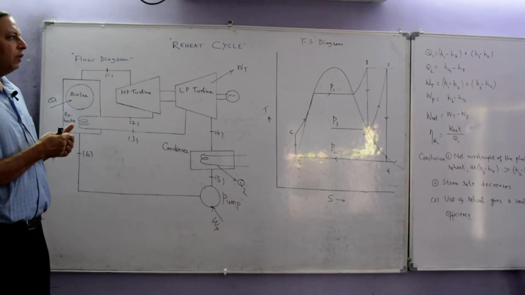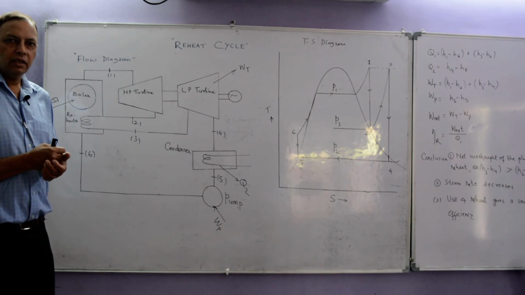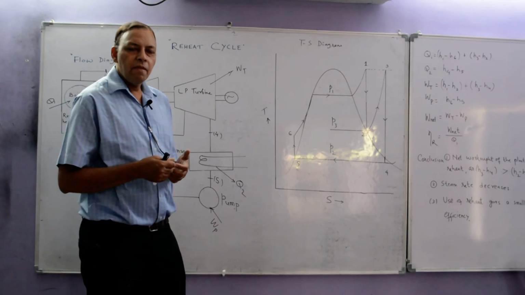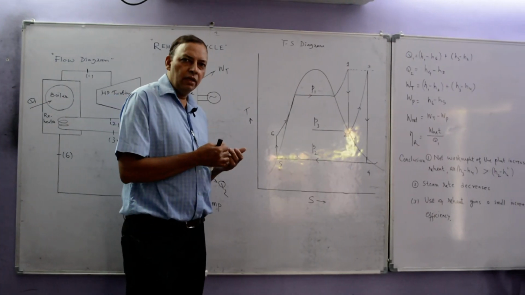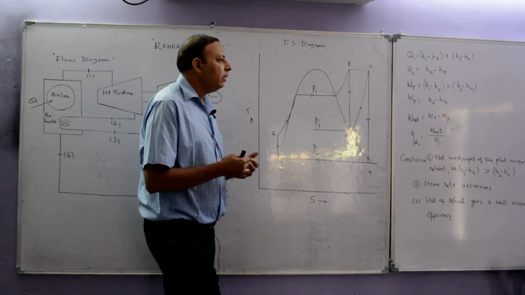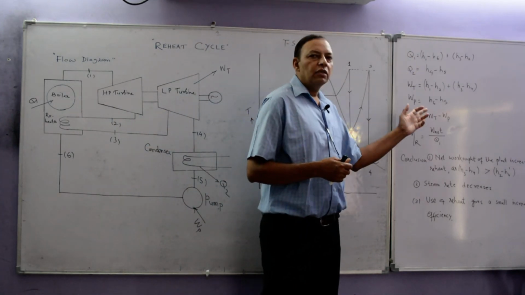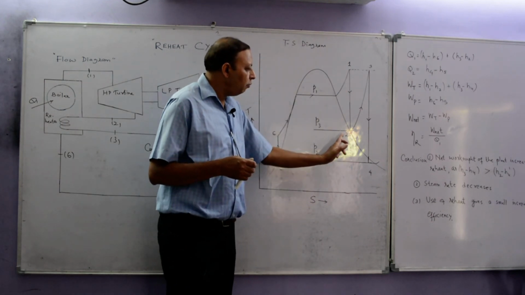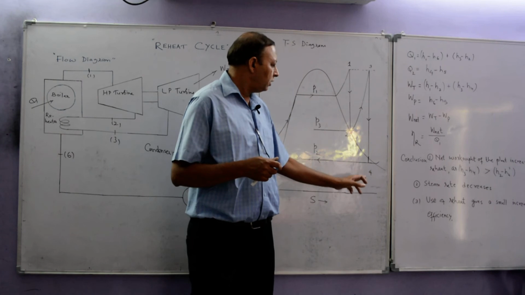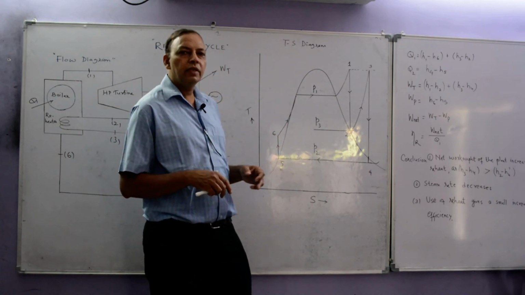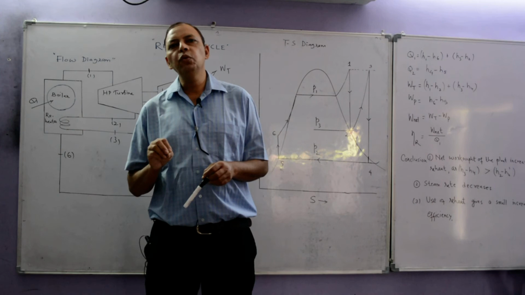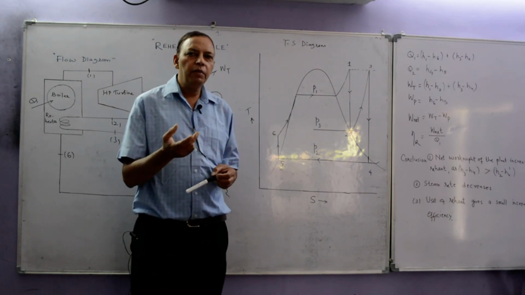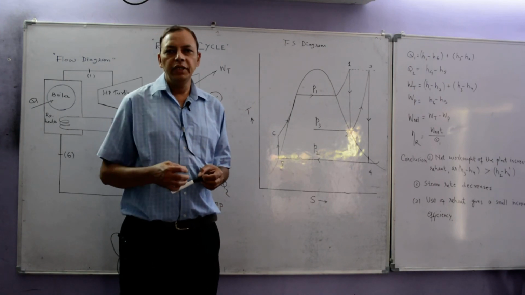As we had covered one numerical of Rankine cycle, here also the numerical can be solved with the help of that numerical, because again you will see the terms of enthalpy: enthalpy at 1, enthalpy at 2, enthalpy at 3, enthalpy at 4, enthalpy at 5, enthalpy at 6. If we are able to calculate enthalpies at these points, again we will be able to solve the numerical of reheat cycle.